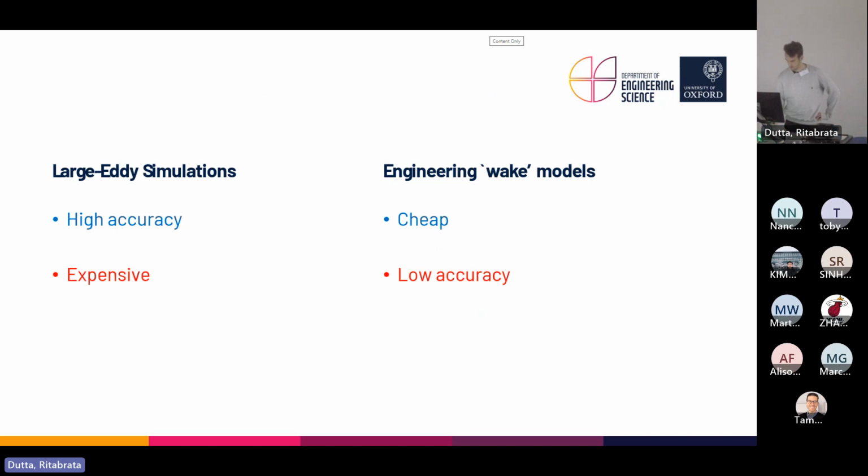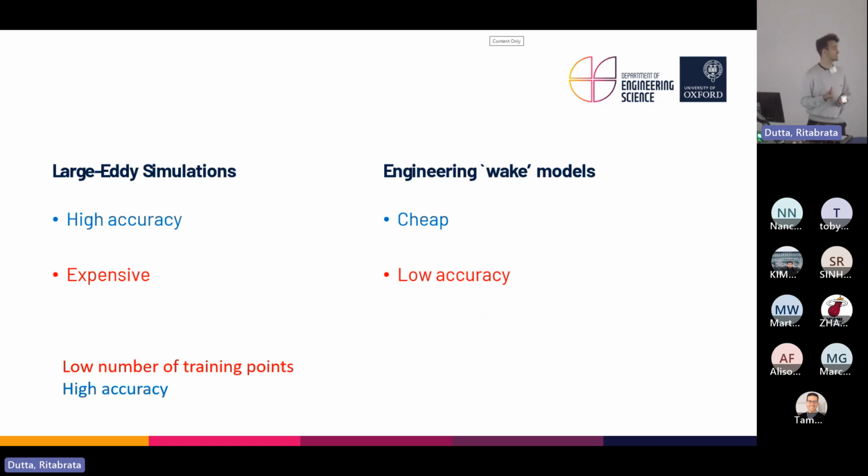So we have 2 potential sources of data to build a data-driven model of CT star. We have the LES and the engineering wake models. If we built our data-driven model using data from large eddy simulations, the individual data points would be accurate, but because it's expensive to evaluate, we'd have a low number of training points.